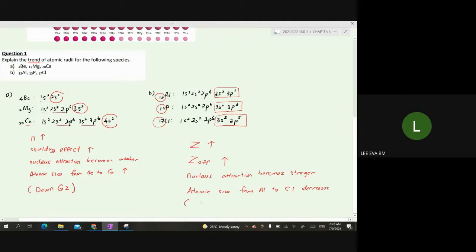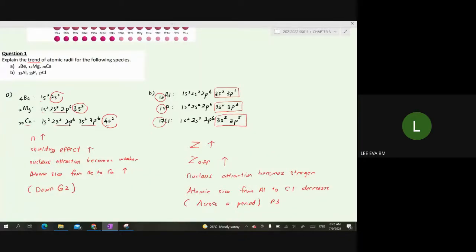So this is the trend across a period, similar from aluminium to chlorine. So this is period 3. So everyone is clear about this 3 category of atomic size?